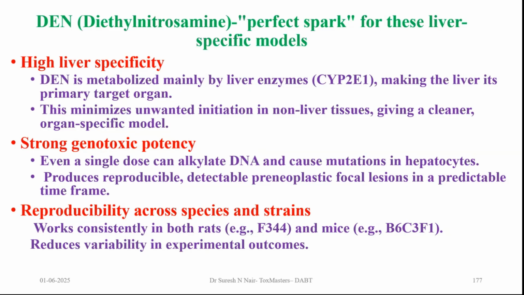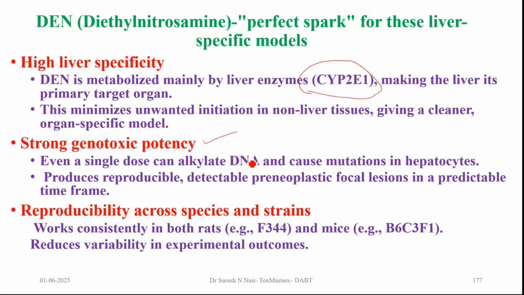It generally does not act as a promoting or activating agent in any other organ, because the liver contains this particular cytochrome enzyme. So no other organ can convert it from a procarcinogen into a carcinogen, and it has strong genotoxicity potential because even a single dose is capable of alkylating the DNA.